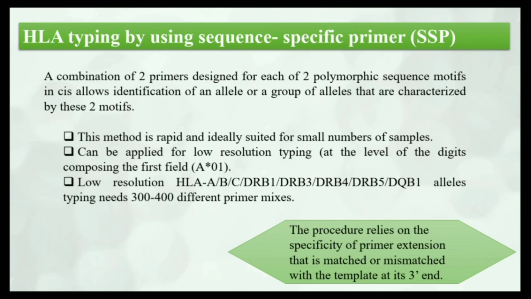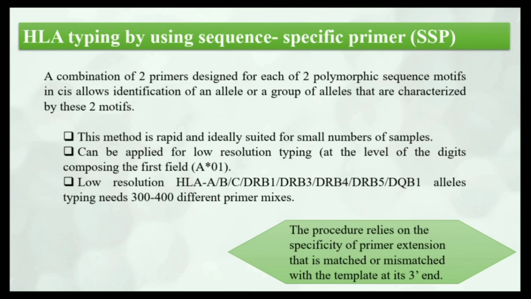This method is rapid and ideally suited for a small number of samples, because very few sequences are absolutely allele specific, and SSP combines several primers to discriminate a particular allele unambiguously. So this method can be applied for low resolution typing using the primer combinations that detect all alleles within a given serotype, as well as for high resolution typing.